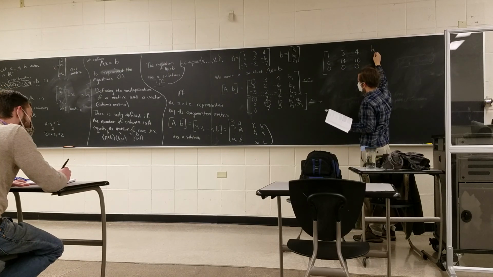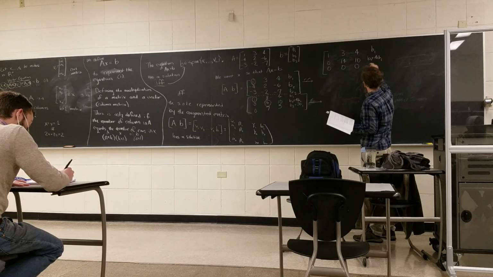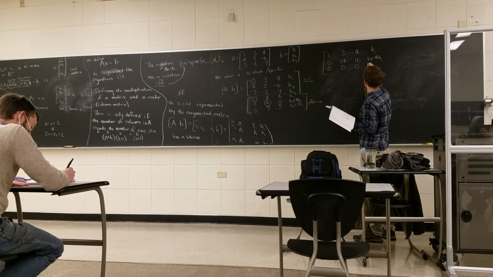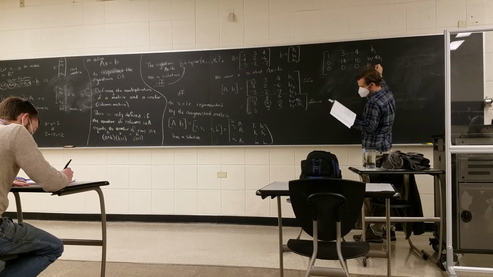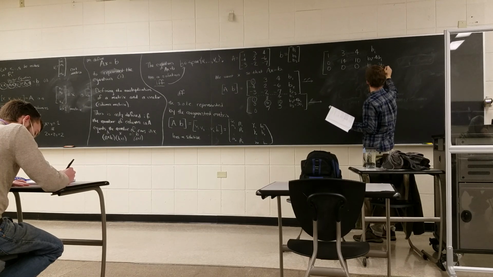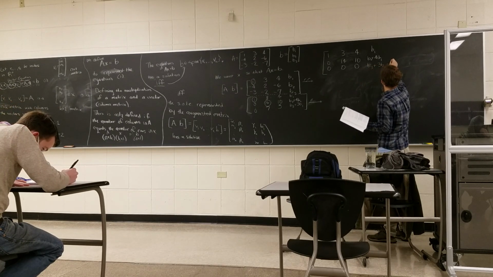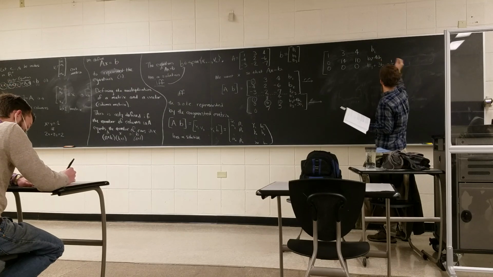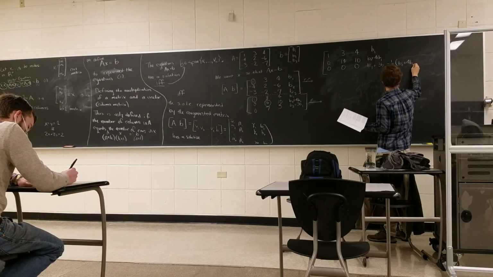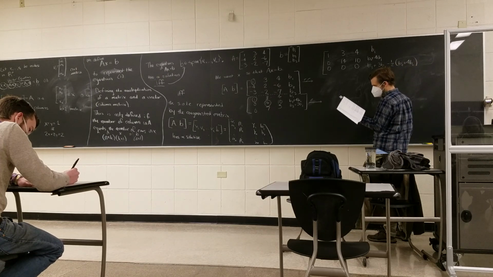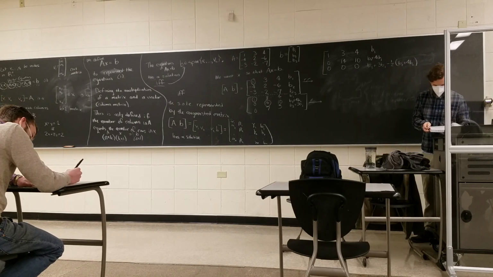This remains b1. This is b2 plus 4b1. This is the row that we're eliminating things from. We get b3 plus 3b1, and then minus 1/2 times this right here, which is b2 plus 4b1, which we could simplify if we'd like.